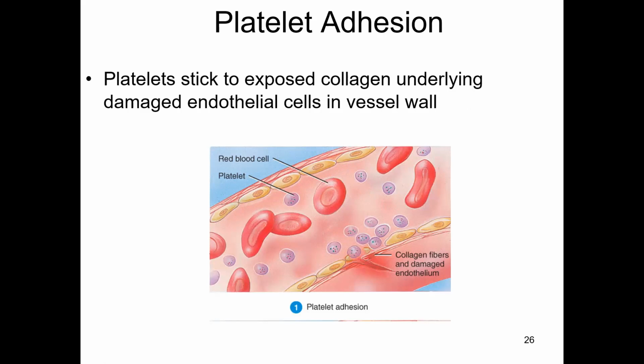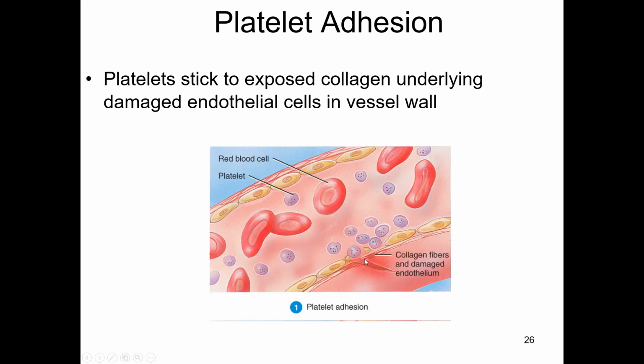How will the platelets know that there's a damage to a blood vessel? The key to this is that during physical injury to the blood vessel wall, collagen fibers will be exposed right here. Endothelial cells are either damaged, pushed away, or destroyed in this injury process. And collagen fibers are now facing the platelets.